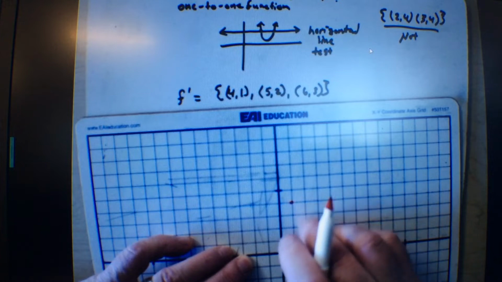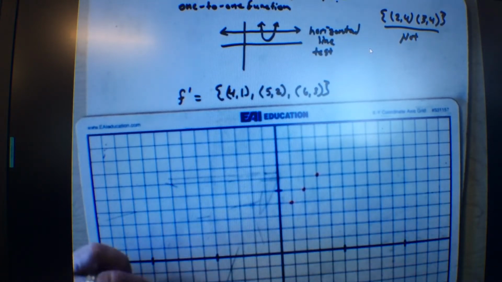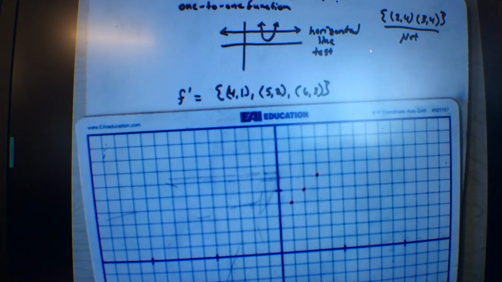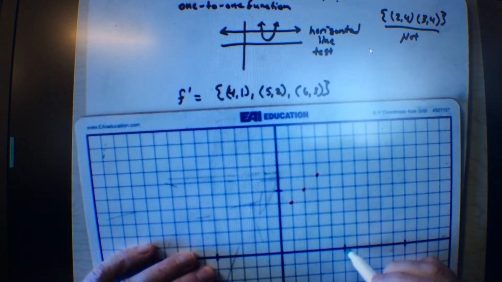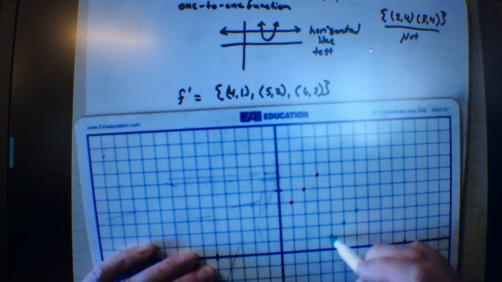I'm going the wrong way, aren't I? 2, 5 would be this way and this way, correct? All right. Now, if I do the next one, I'm going to go 4, 1, 5, 2, and 6, 3. Okay? You can see.